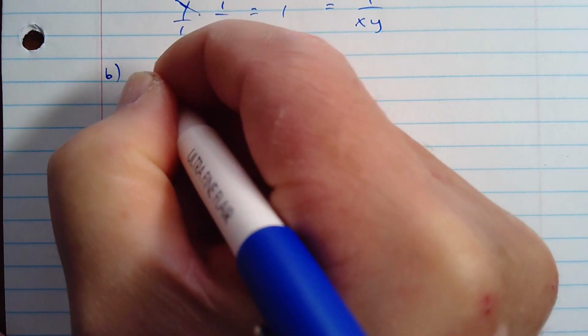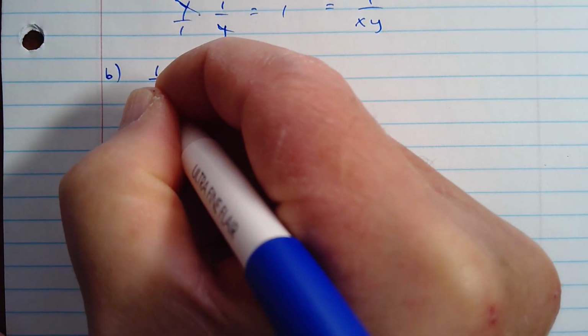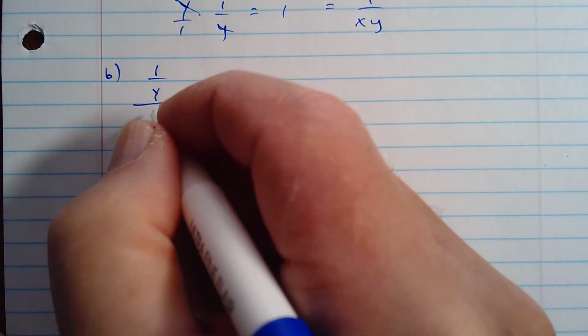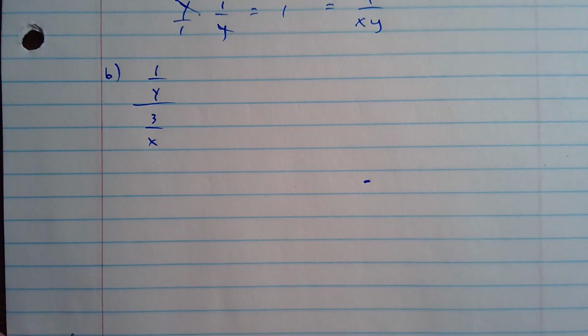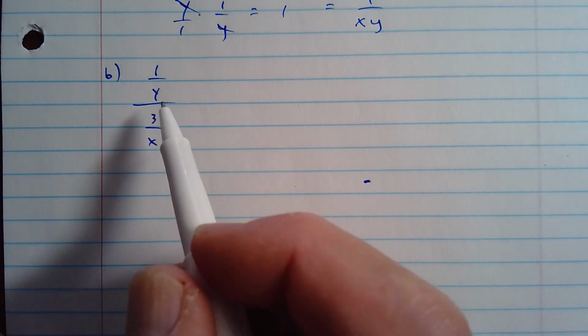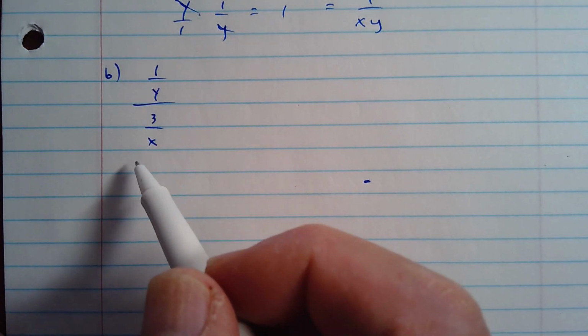Alright, here's part B, or the second one here. 1 over y over 3 over x. So here's one where I have variables top and bottom, and I've got fractions in the numerator and the denominator.